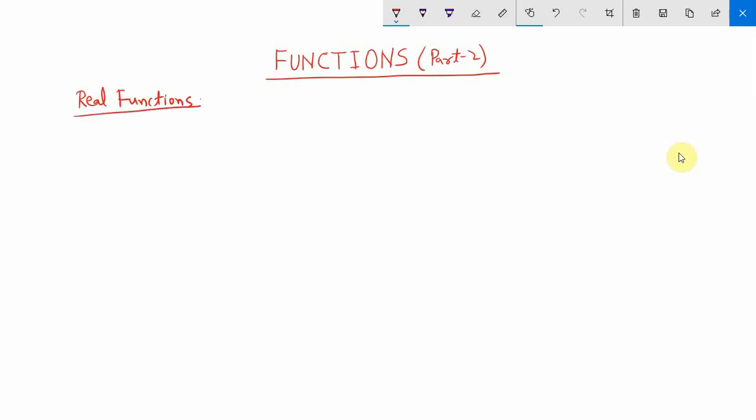So, what is real function? If A and B both are subsets of R, then f is called a real valued function. Okay, this real function or real valued function.